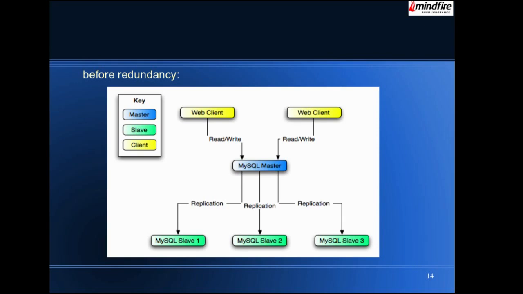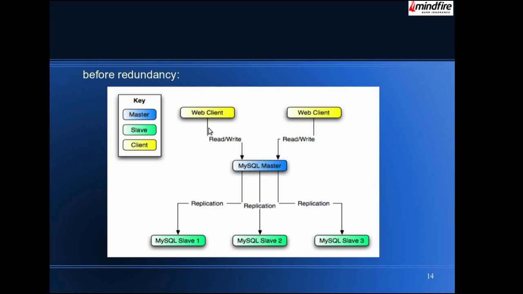So in case of any failure, if the master went down, any of the slaves has the capability to work as a master till the master comes back again. This way we can guarantee that the system will have high availability, and it will act as a backup as well.